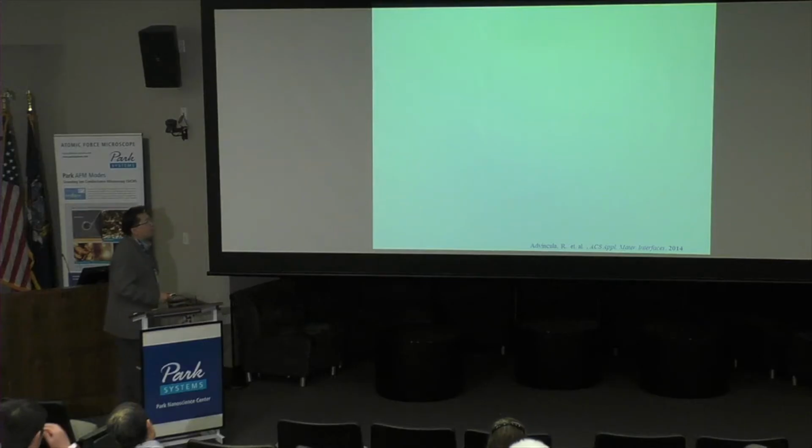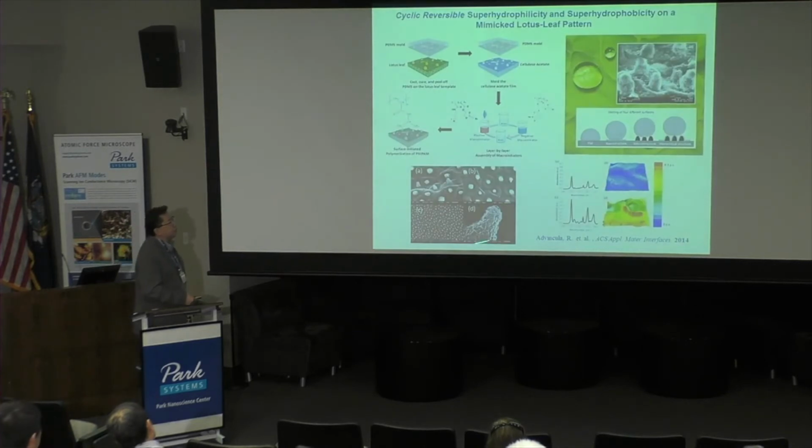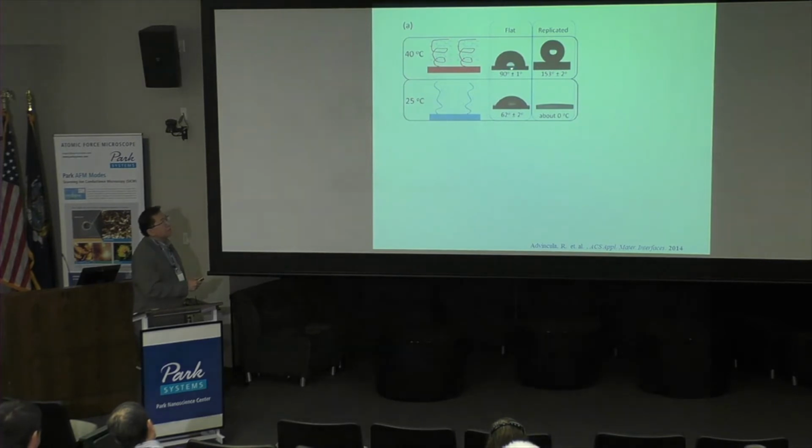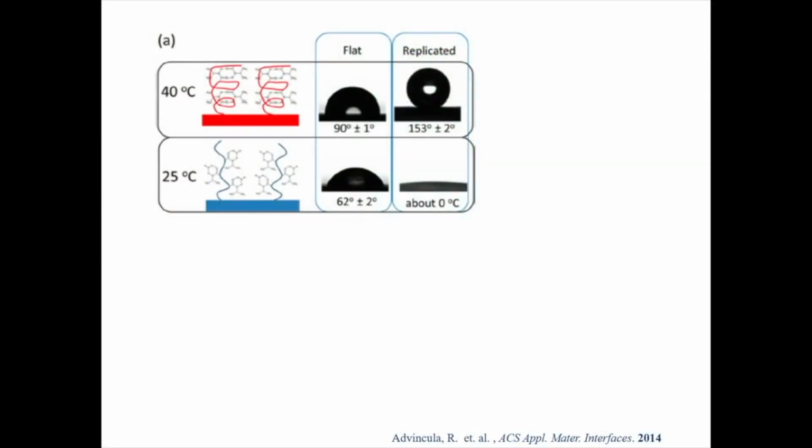So what we did is these artificial surfaces, we compared it with a flat surface, okay? So this is the lotus leaf replicated surface. This is a flat surface. If we heat it up, the flat surface doesn't change much. In fact, it's very interesting because it's hydrophobic and then hydrophilic, but the difference is only 30. On the other hand, the fake lotus leaf we made, when you cool it down, it's super wetting.